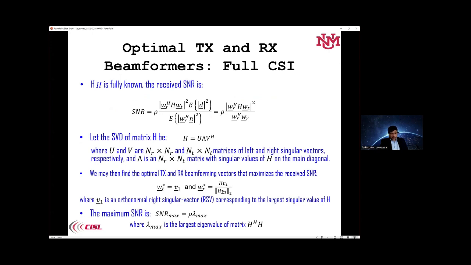The optimal transmit beamformer is directly transmitting in the direction of the V1 vector, which is the singular vector corresponding to the largest singular value, and the optimal receive beamforming vector is essentially a normalized version of that singular vector. The maximum signal to noise ratio in this case is essentially given by the maximum eigenvalue of the H Hermitian times H matrix.